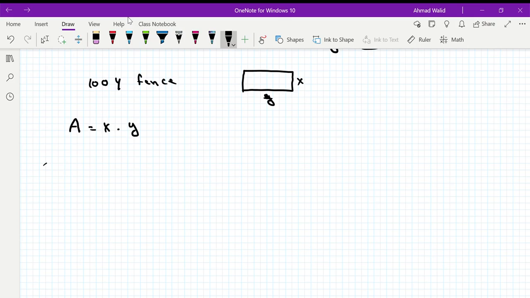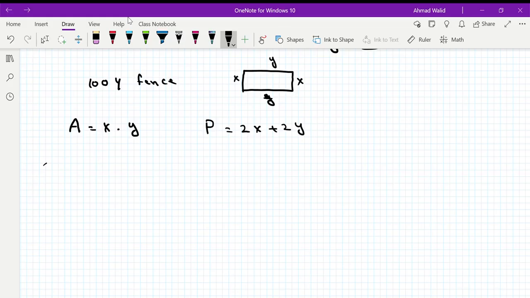At the same time, if I write the perimeter formula for this rectangle, perimeter equals, if this is y, this is also y, and if this is x, this is also x, then you can write the perimeter formula as 2x plus 2y, correct? You want to do fencing all around, correct?